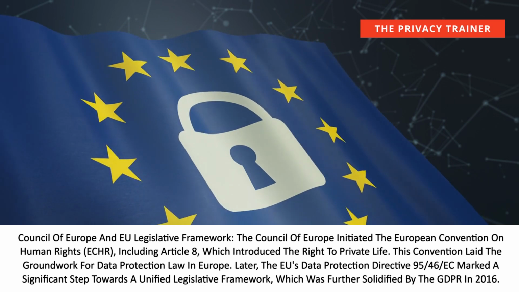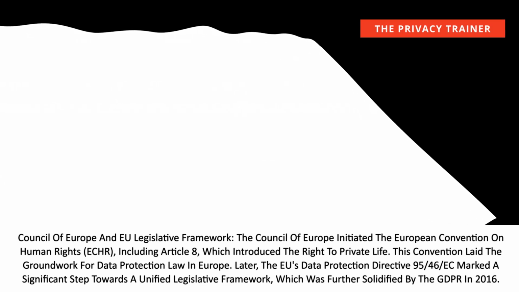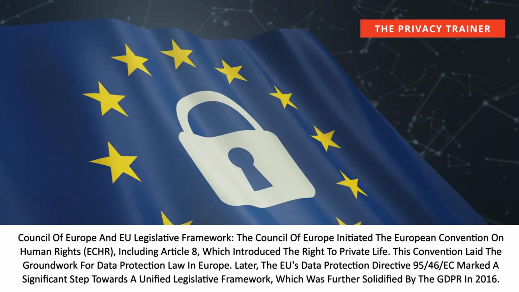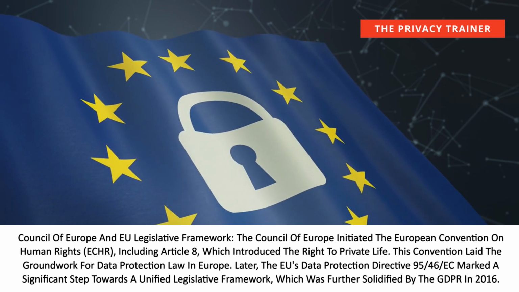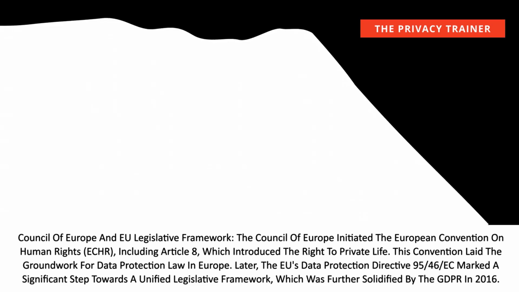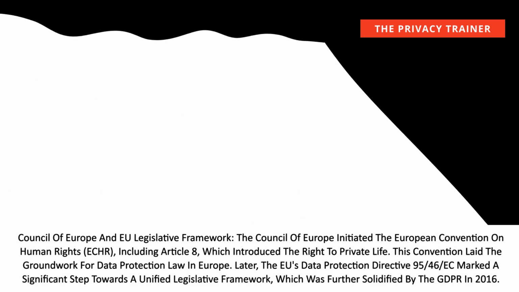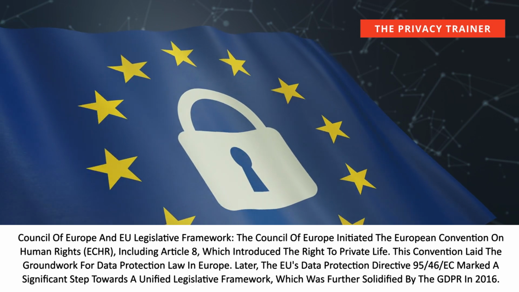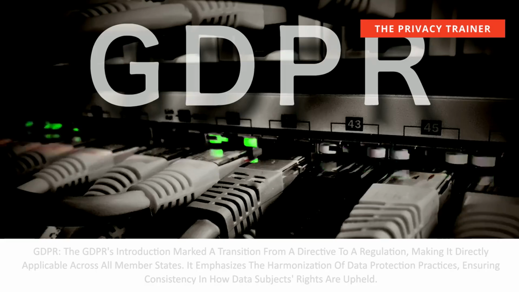The Council of Europe initiated the European Convention on Human Rights, ECHR, including Article 8, which introduced the right to private life. This convention laid the groundwork for data protection law in Europe. Later, the EU's Data Protection Directive 95/46/EC marked a significant step towards a unified legislative framework, which was further solidified by the GDPR in 2016.